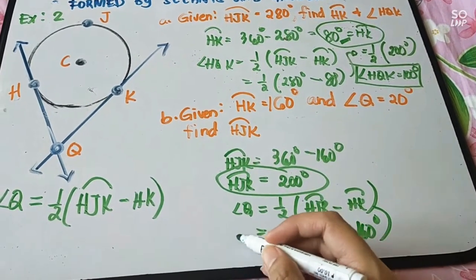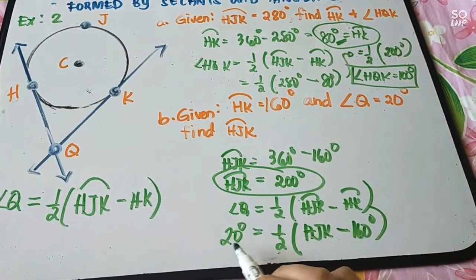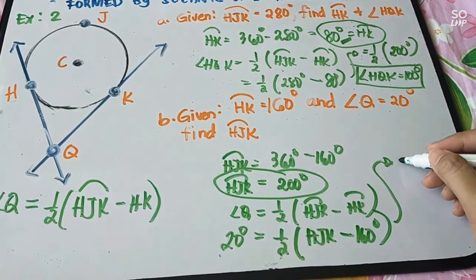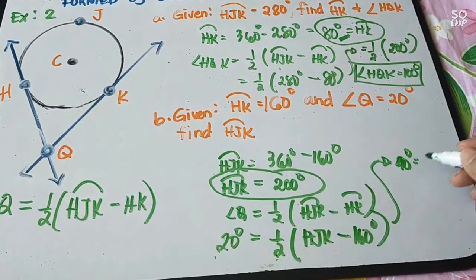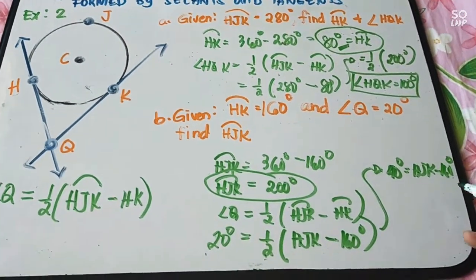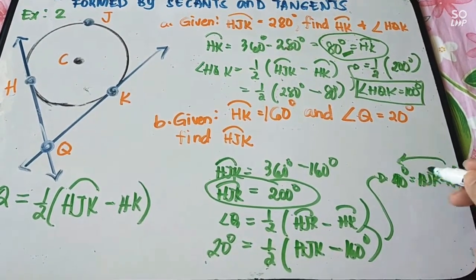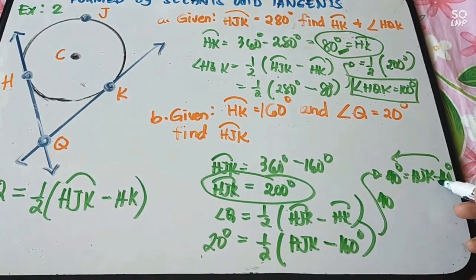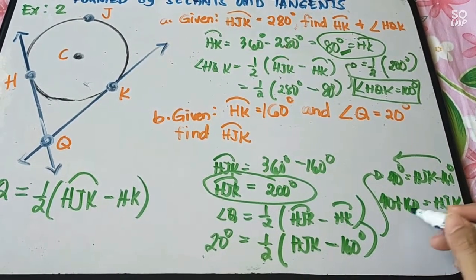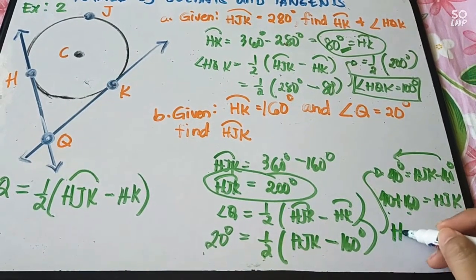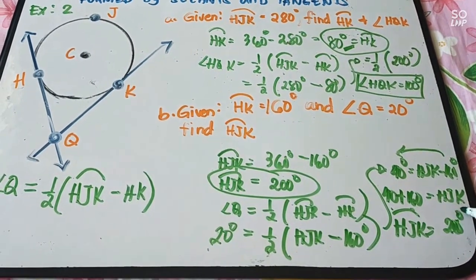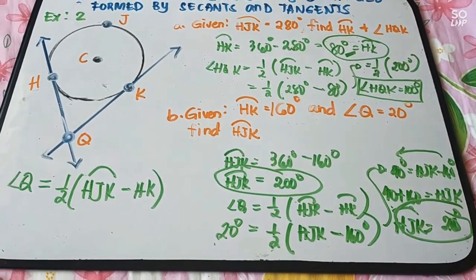So, si angle Q mo, we have 20 degrees. Cross-multiply lang. So, we have here, 2 times 20, we have 40 degrees equals HJK minus 160. So, si 160, lipat mo sa kabilang side. So, we have here 40, negative, magiging positive. 160 is equal to HJK. 160 plus 40, so the answer is arc HJK is equal to 200 degrees. So, that is your answer.